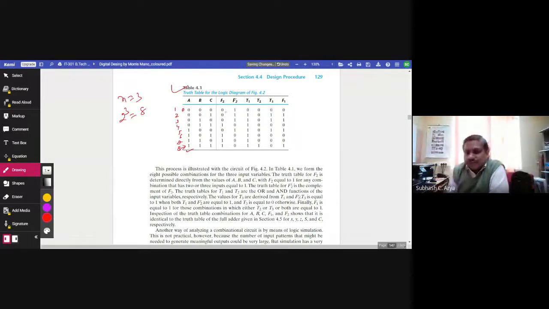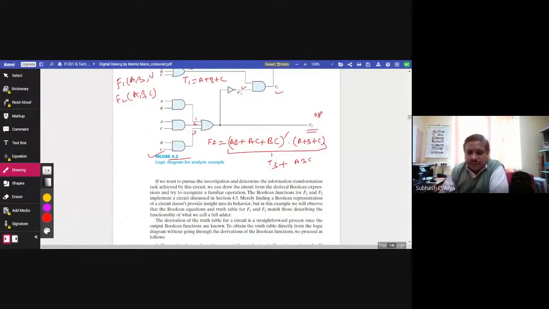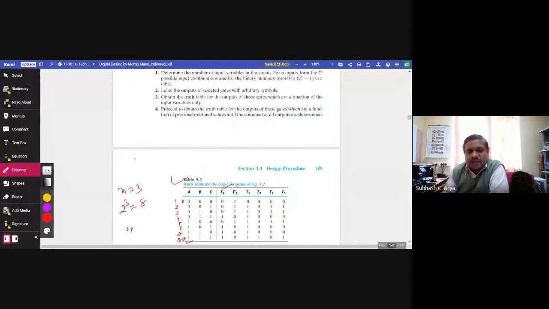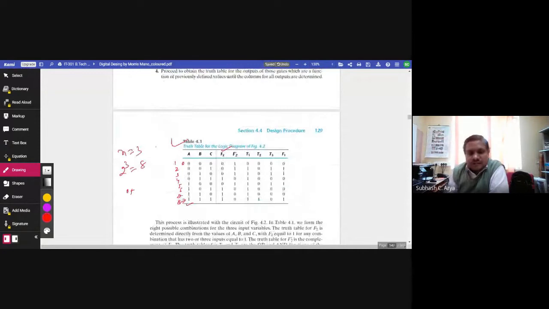Now we have to write the expression for F2. We have already got that F2 is AB plus AC plus BC. So here F2 is written. For AB, you have to do multiplication. AB, 0 multiplied by 0, will be 0, plus AC plus BC. AB, 0 multiplied by 0 will be 0.